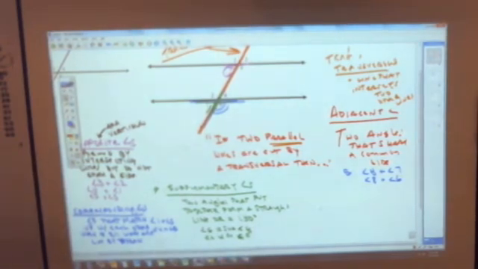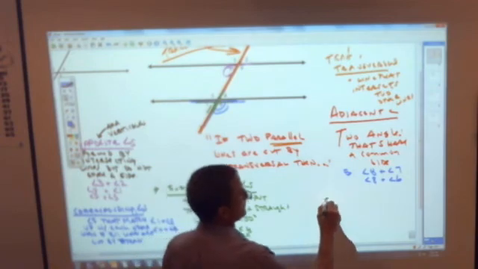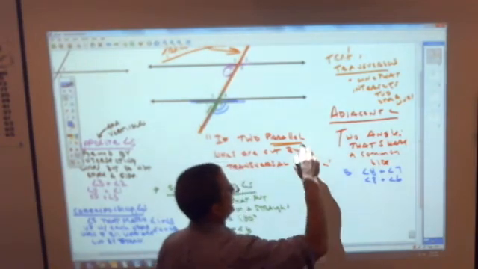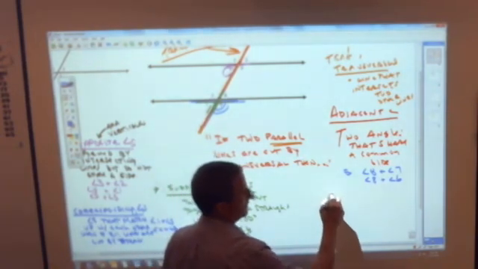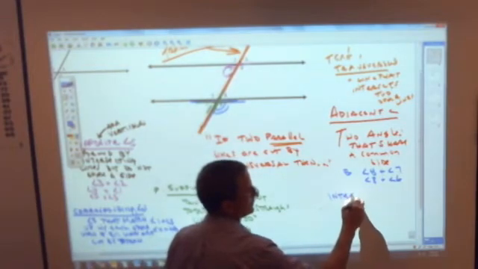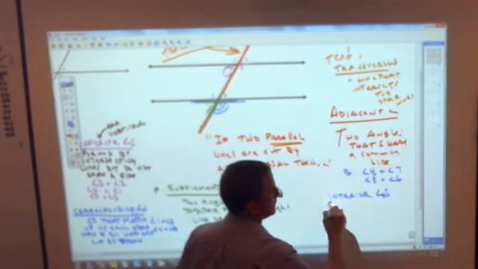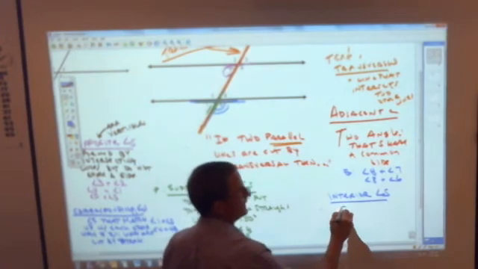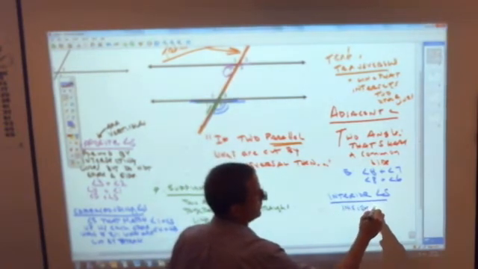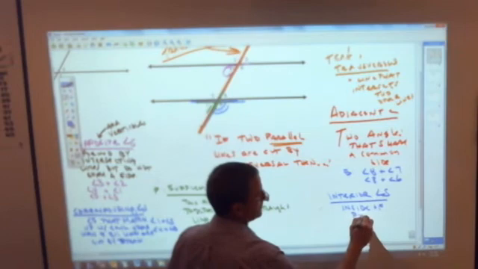Okay, then we have what are called interior angles and exterior angles. If you have two parallel lines cut by a transversal, interior angles are the ones on the inside of the parallel lines.